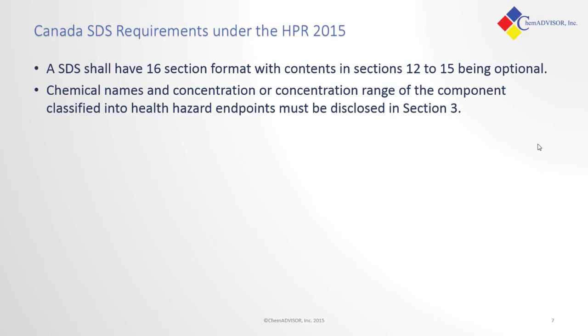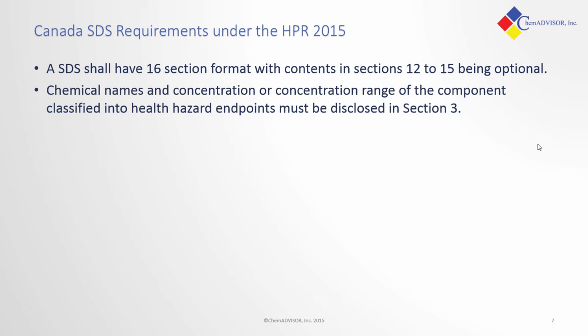Also, section 3 of the safety data sheet is where the hazardous ingredients have to be disclosed, and both countries do require component disclosure for any components that contribute to the health hazards, and they both require the chemical name and the concentration or concentration range.